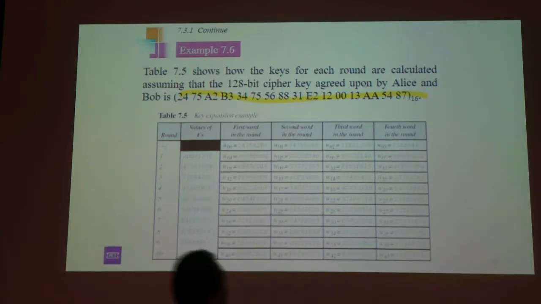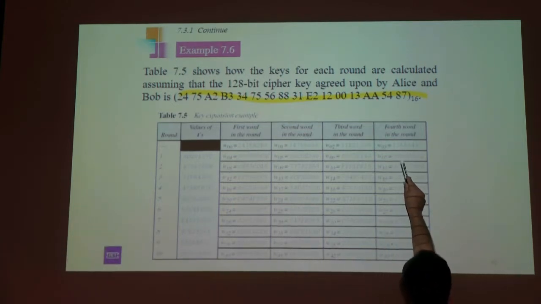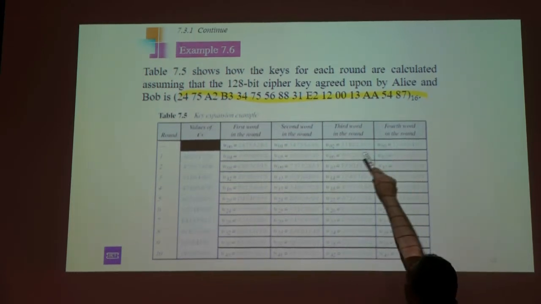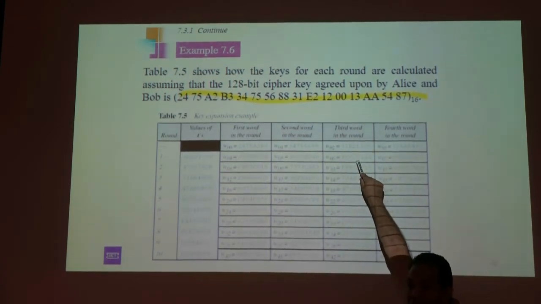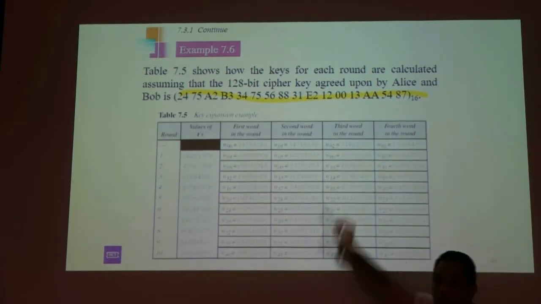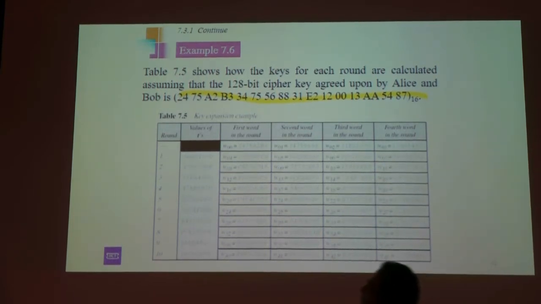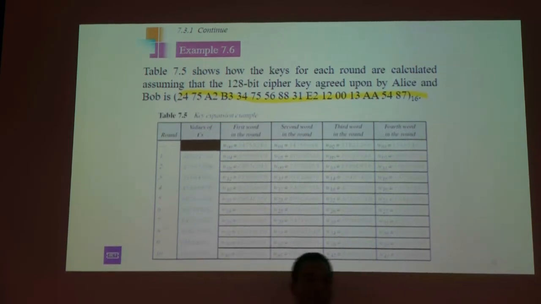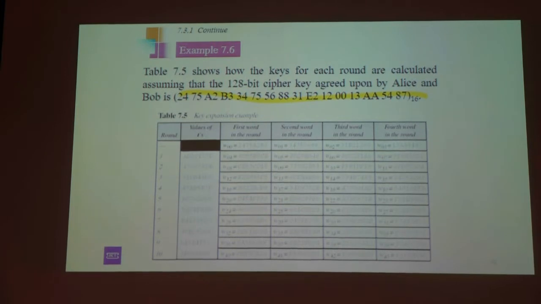So where is 7 here? It's coming from W3, XORing this W6 with this, and T, the one above it and the one to the left of it, right? This is how we calculate the Ts and all of that. So, very simple.